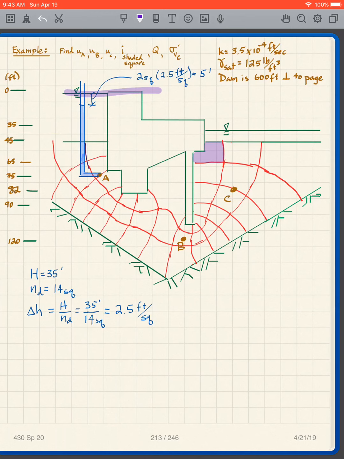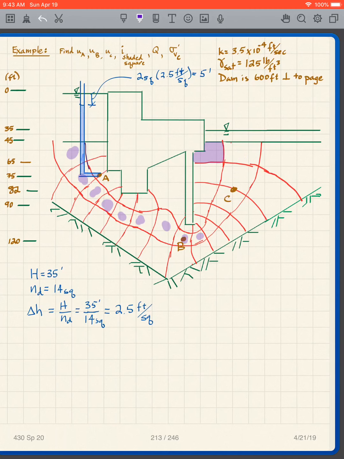Well, let me modify that here. This is 35 feet. So my H is 35 feet. How many squares do I have? I've got 1, 2, 3, 4, 6, 7, 8, 9, 10, 11, 13, 14 squares.